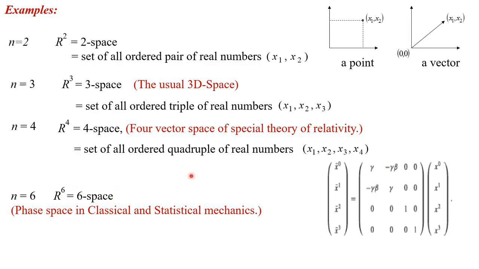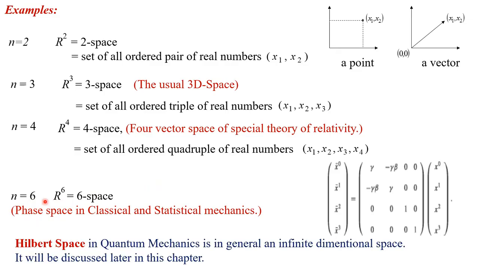In phase space, we have three position coordinates and three momentum coordinates, so that collectively make up six coordinates. Usually the dynamics of the system are described in a phase space, where we have three spatial coordinates and three momentum coordinates. So this is very important for classical and statistical mechanics, and occasionally in quantum mechanics. So the idea is a phase space is usually in 6 dimensions.